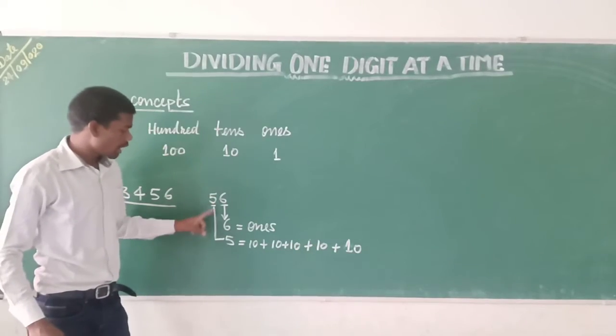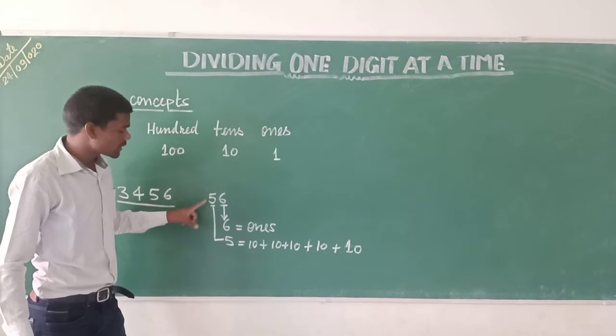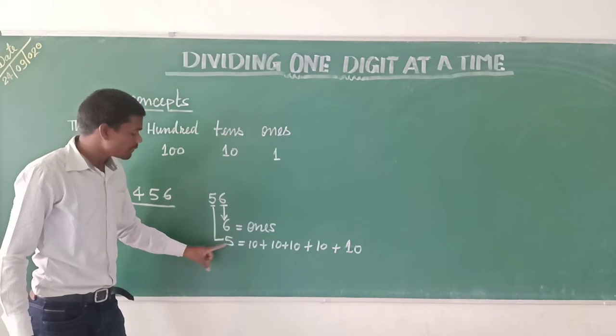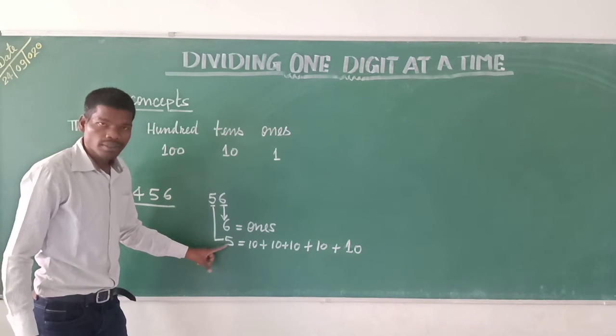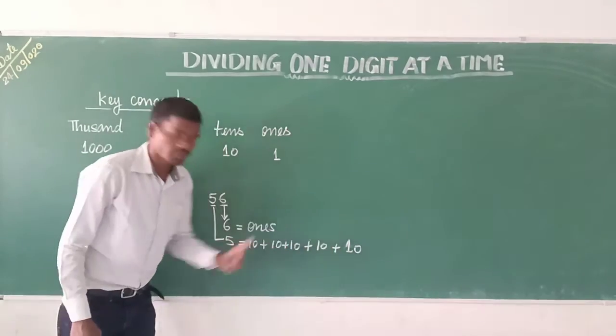I said here, how many? 5 tens. In which place is this? In the tens place. So 5 tens: 1, 2, 3, 4, 5.